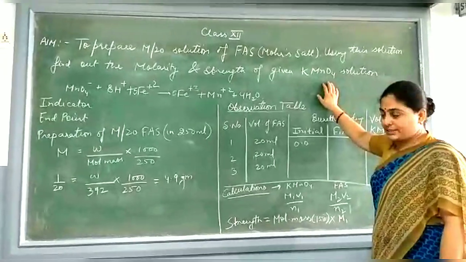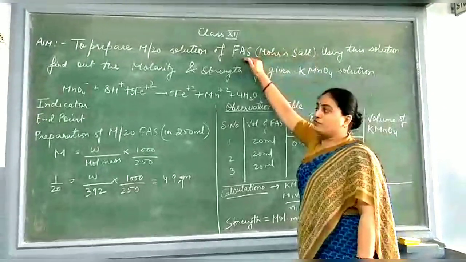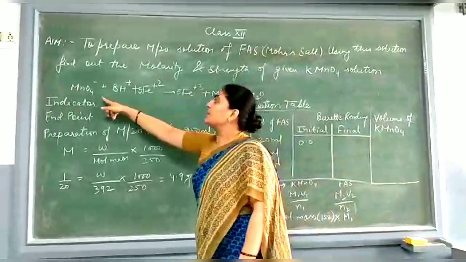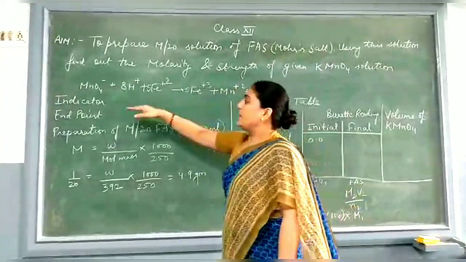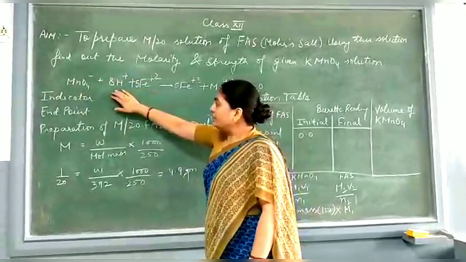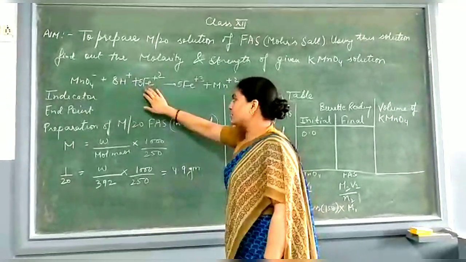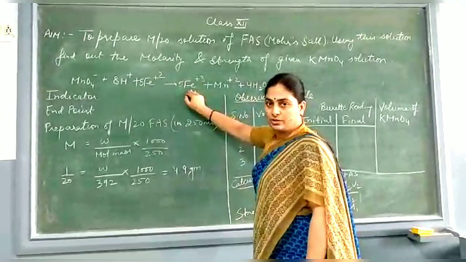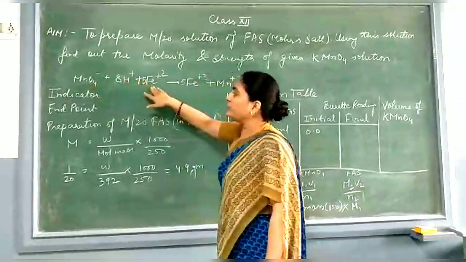KMnO4 acts as an oxidizing agent which oxidizes Fe2+ to Fe3+. You can see the ionic reaction that I have written: MnO4 minus, that is KMnO4, in the presence of acidic medium oxidizes Fe2+ to Fe3+ in the ratio of 1:5.